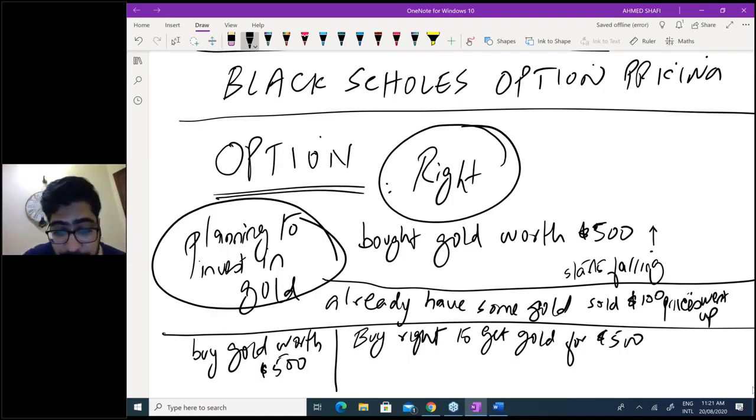The person who is giving you this right, because you are getting safety in this, had you bought gold for $500 and the prices fall, you would have ended up making loss. Here you just got the right. If prices increase, exercise that right, get gold for 500, sell for 600 and earn gain. And if the prices start falling, leave that right. So the person offering you this right won't give it for free.